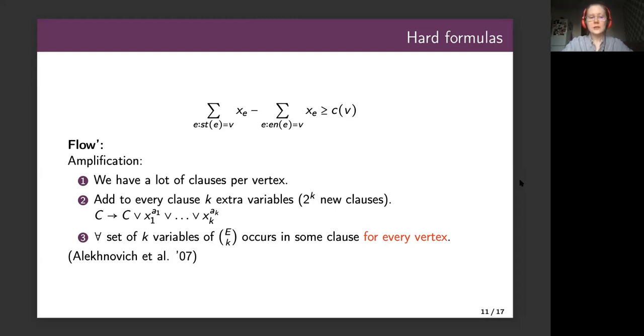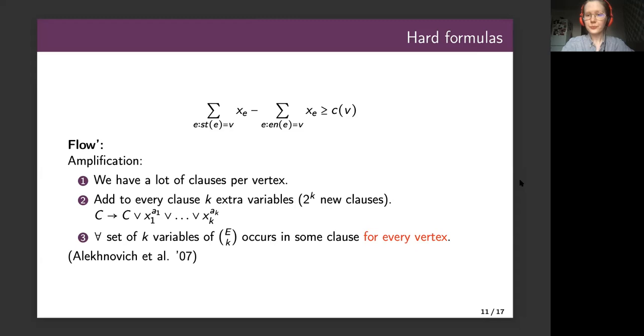Then we distribute these sets of k variables among our clauses for the vertex somehow uniformly, in such a way that every set of k variables gets its own clause.